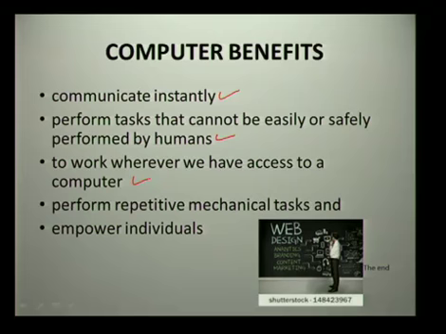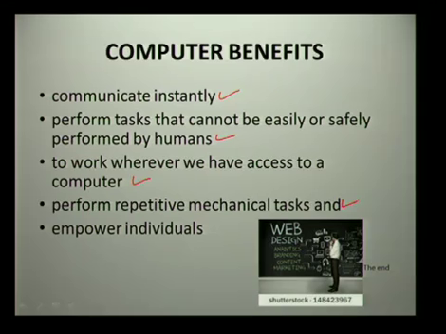And then the next one, work wherever we have access to a computer. This simply means that when you are traveling on the road and you see an internet cafe, you can use it, or you can use your mobile device and get internet on the road. Or if you have a wireless device, such as a tablet, a cell phone or even a laptop, you can just sit down, get a wireless connection or Wi-Fi, and continue your work.